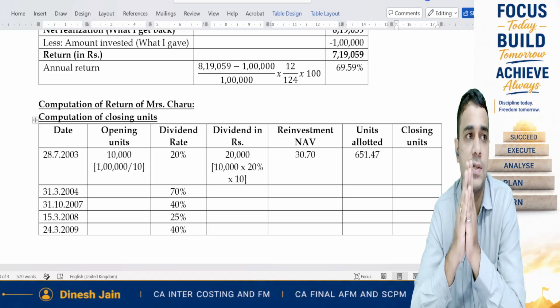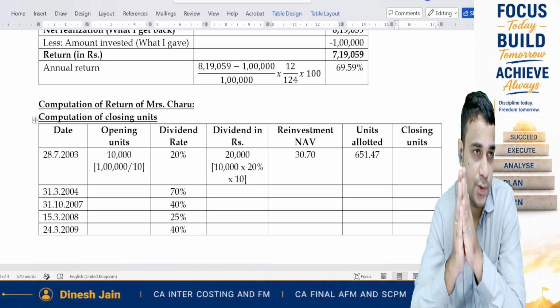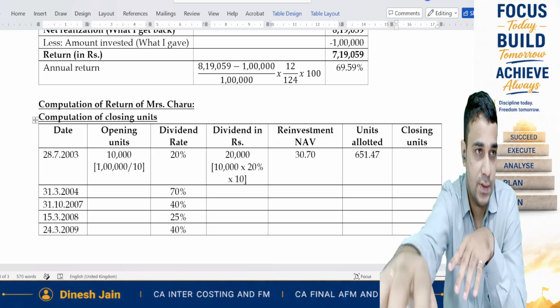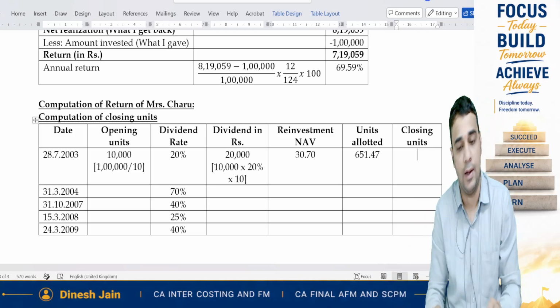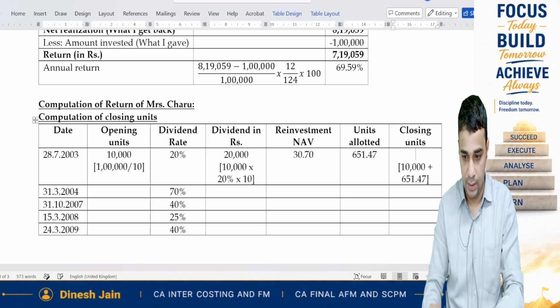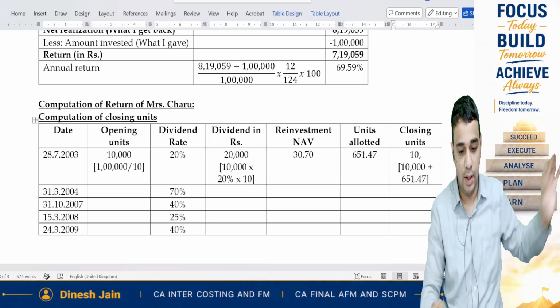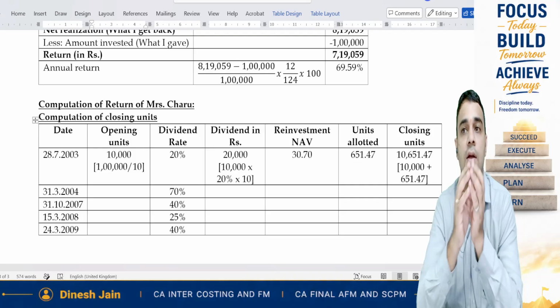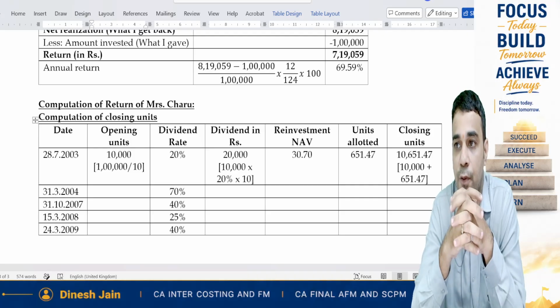Practical world, the units can be in 3, 4 decimal also. Depends on the AMC. Generally, I have seen 3 decimals in the practical world. Closing is 10,000 plus units, you get 10,651.47.